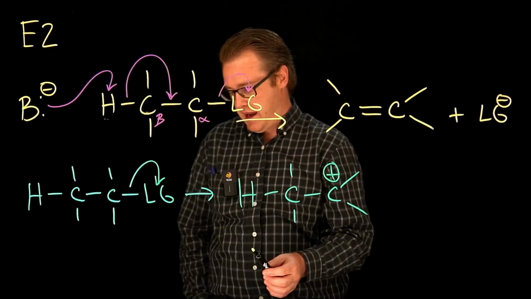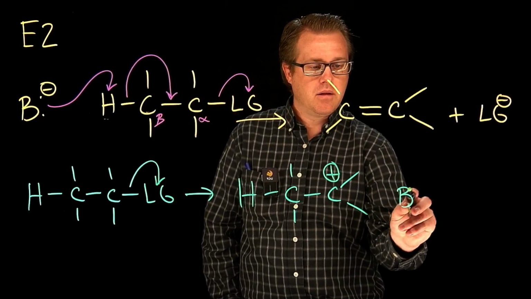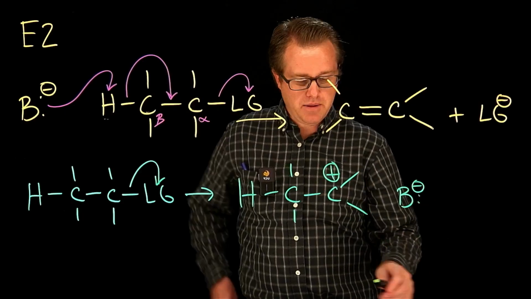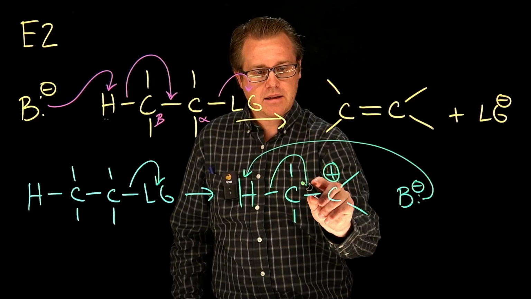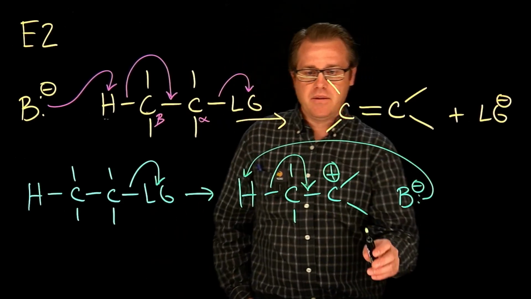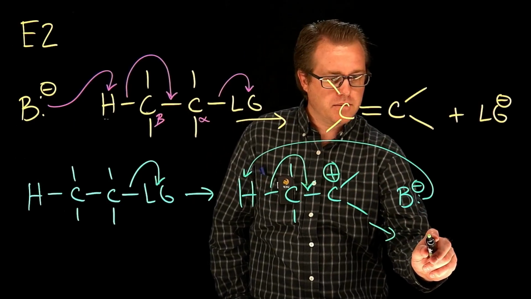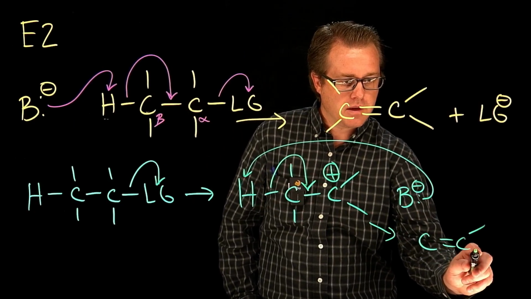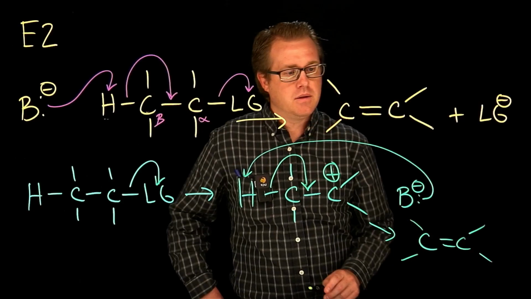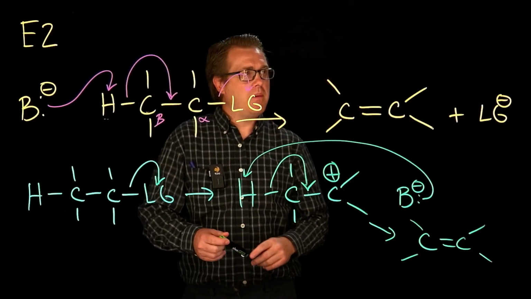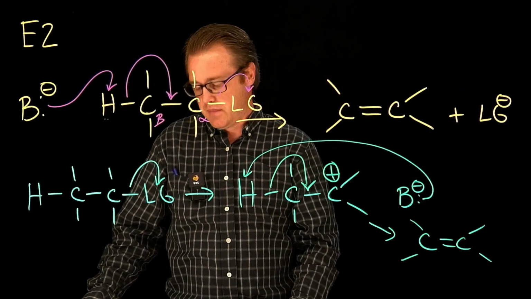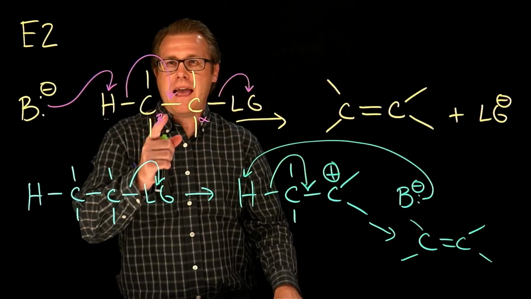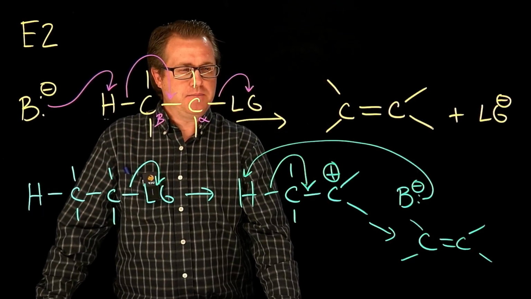And then our base can come in and abstract that proton to give us our product, like so. Now you're probably looking at that and saying, well, we get the same product, why does it matter? Well, we will answer that question in a minute.